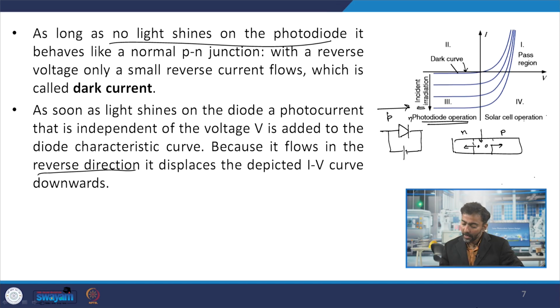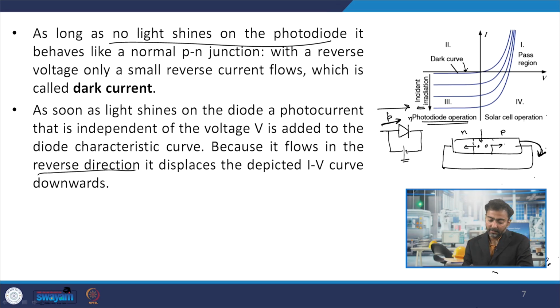If I complete the circuit here, now the current goes out from the P terminal, whereas before the current was going inside the P terminal. If I am forward biasing the diode, I call that the forward direction, current going inside the P terminal, and here the photocurrent is in the reverse direction, the current is going out of the P terminal.